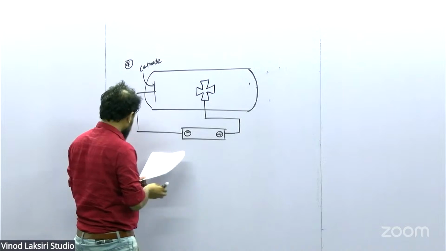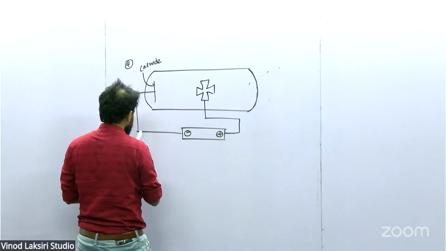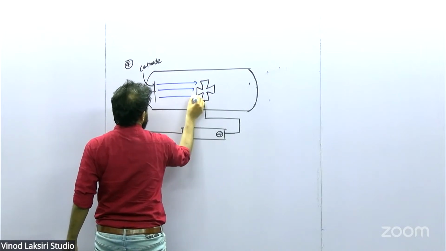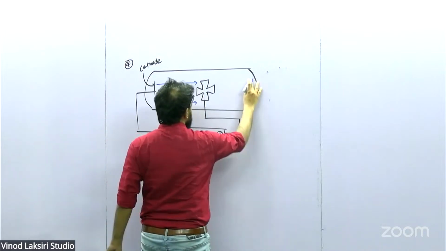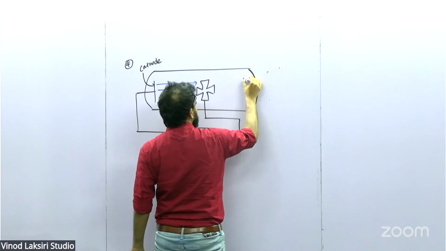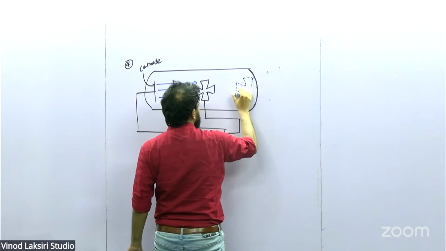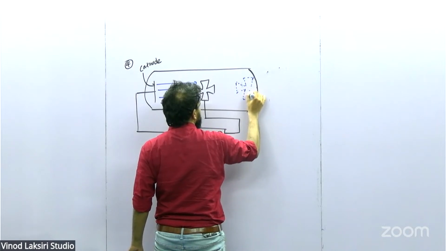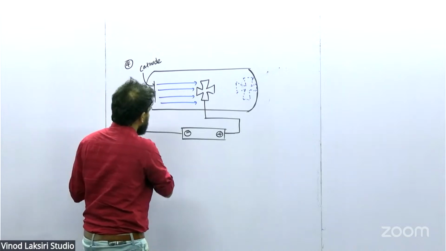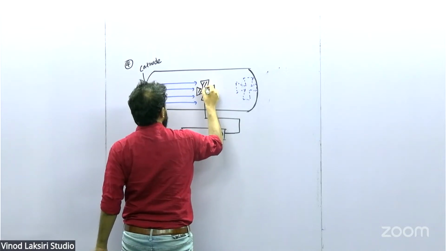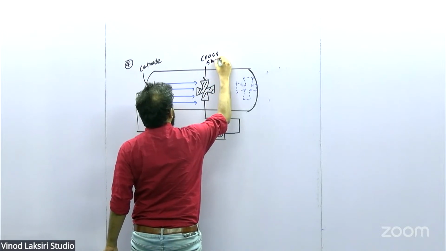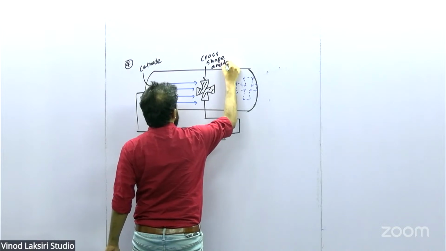When this kind of cross-shaped anode is used, then what is the observation? The cathode particles move like this, and it can be observed that a shadow of this cross can be observed behind this cross-shaped anode.